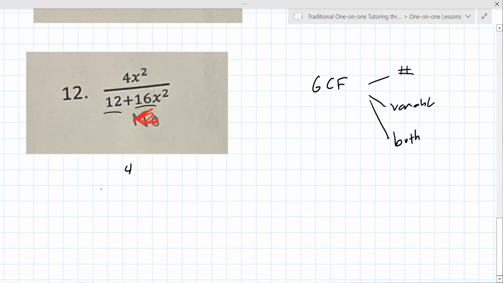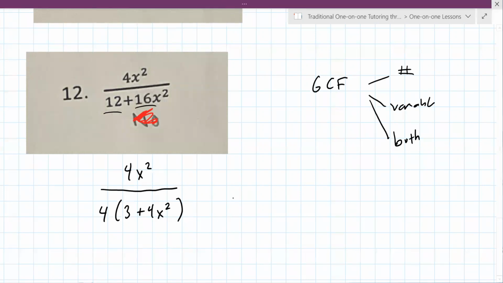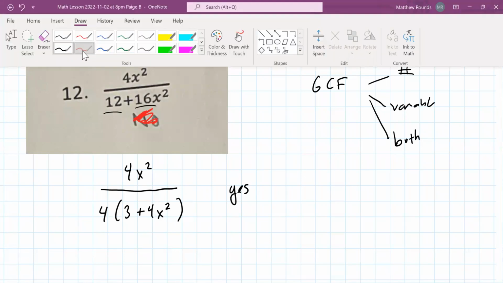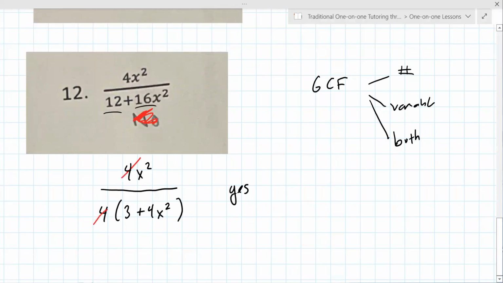So you got 4x squared over 4 times 3 plus 4x squared. Now what's interesting is it says, can we cancel anything? So that's why this answer is now yes, because the 4's cancel. But usually they're looking for factors of x exclusively. So you might want to maybe clarify that with your instructor.